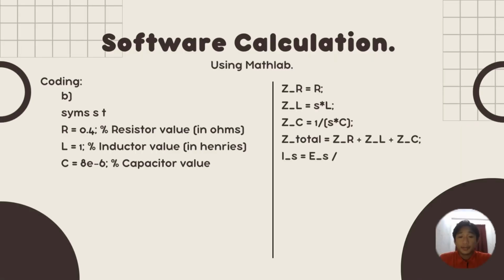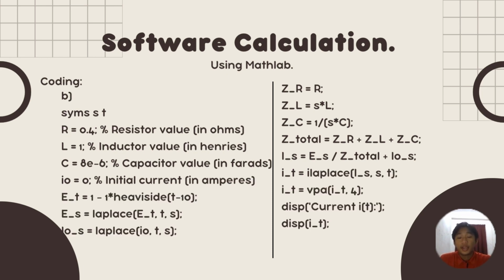Okay, next for question B. Firstly, we just put syms s t as the first code, and next we state all the component values that we have, which are resistor, inductor, capacitor, and the others.